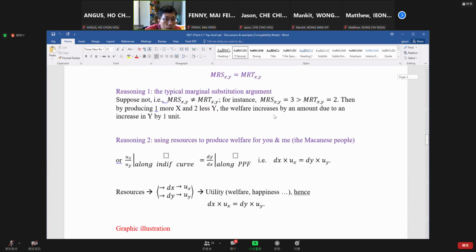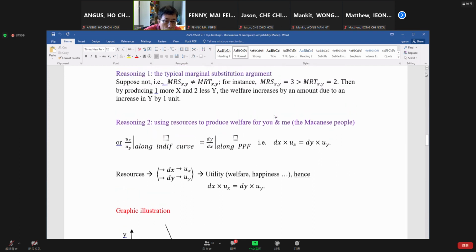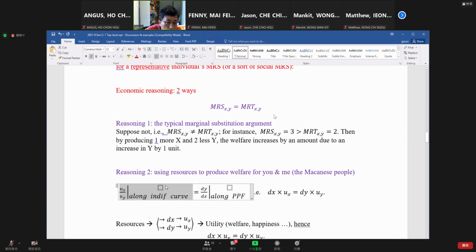How to understand that one in economics? You know, this is the marginal condition, and this one is the same as this one.